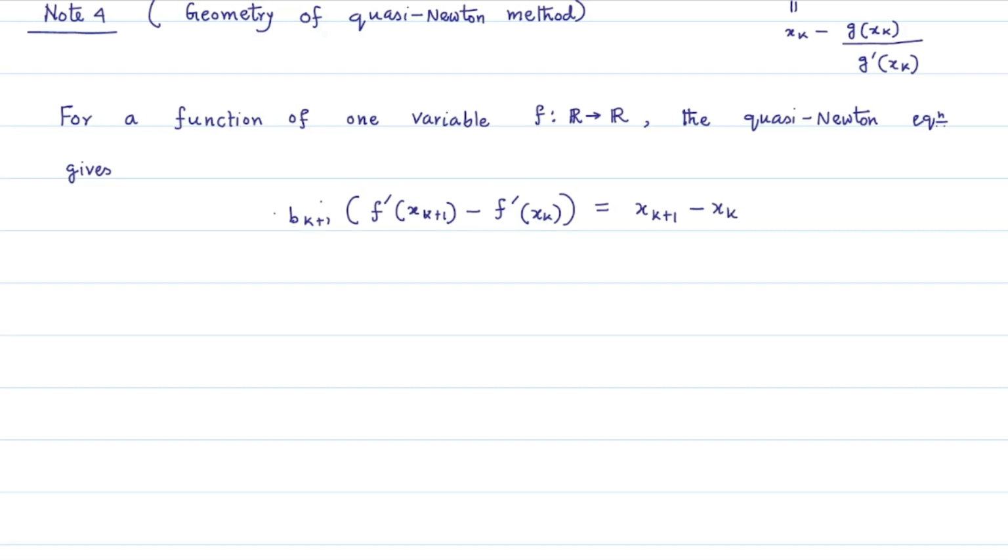Notice that for a function of one variable, the matrix Bk plus 1 reduces to a 1 by 1 matrix and hence a real number. And this quasi-Newton equation aims to find a solution of f dash x equal to 0, or g(x) equal to 0.